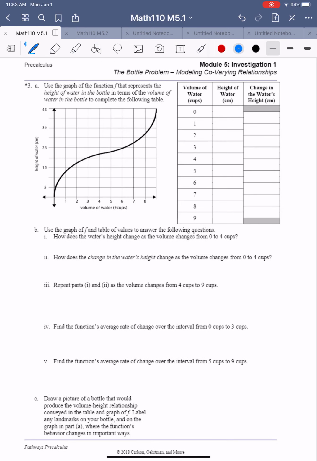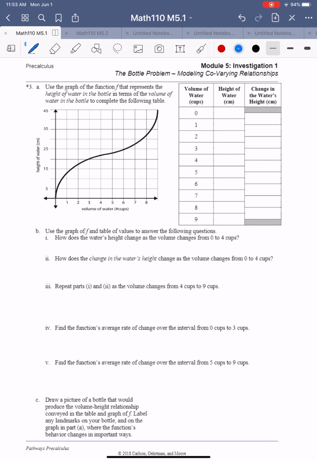In number 3, now we already have a graph. So we can think about how the graph is different from number 1. We might have a different type of base, which is the bottle. They already poured the water in the bottle to make a graph.